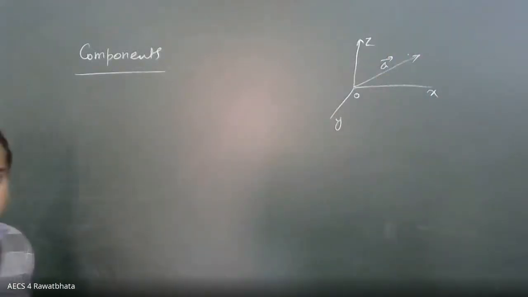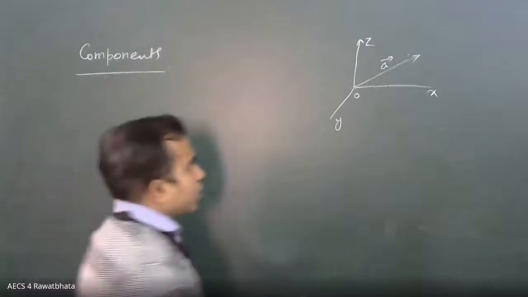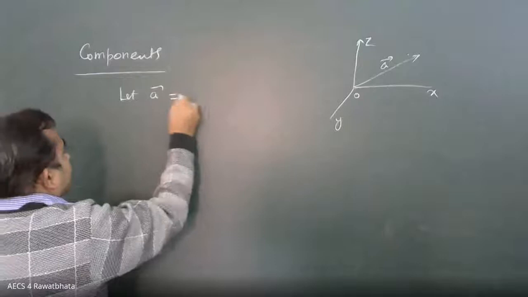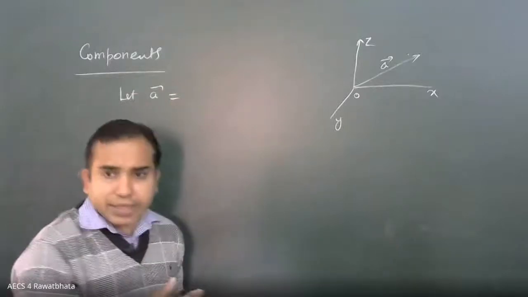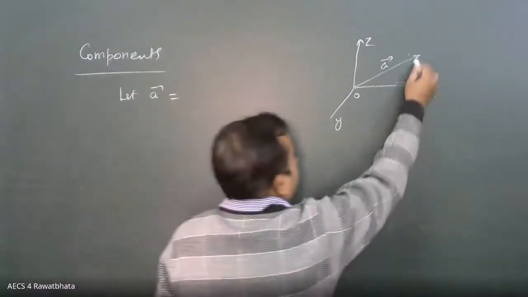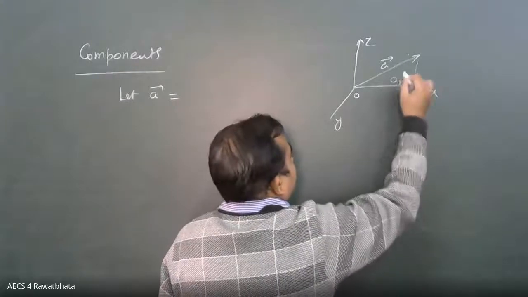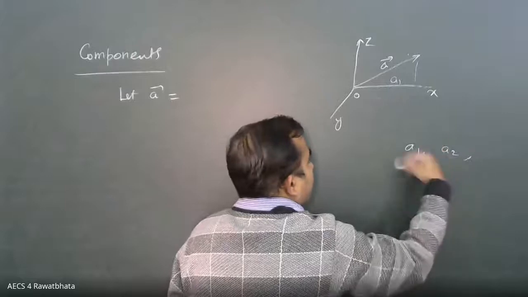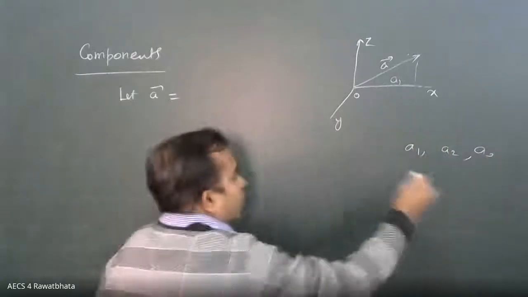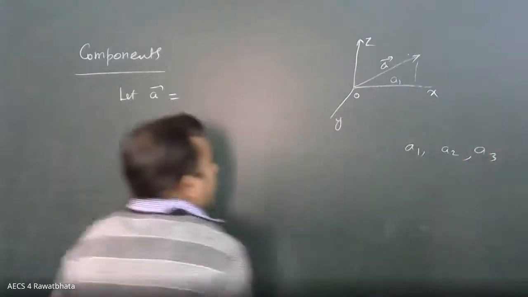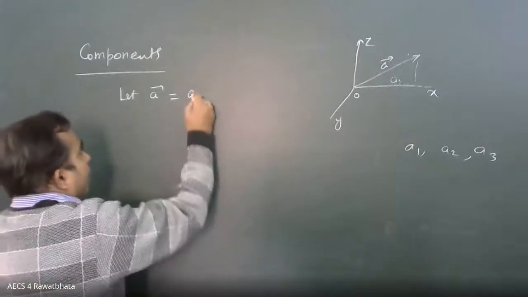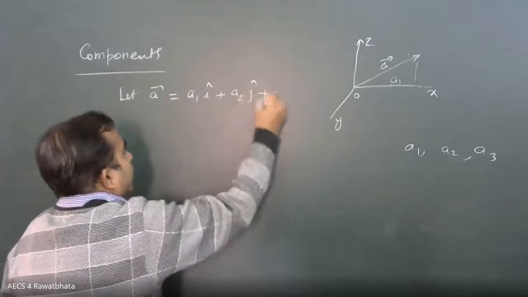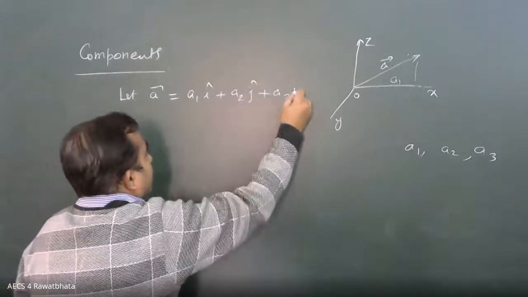Its component along x-axis is A1, its component along y-axis is suppose A2, and its component along z-axis is A3. Then this vector can be written as A1i plus A2j plus A3k.